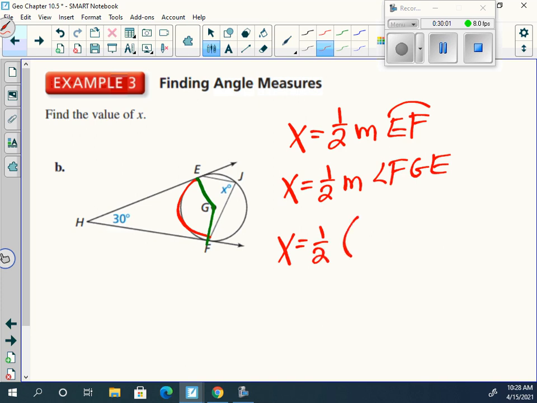Well, as we just said, this central angle is equal to 180 minus 30, yes? So this one here required us solving for a few things first.